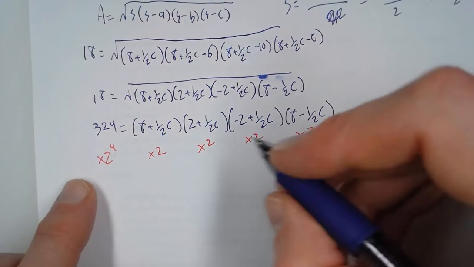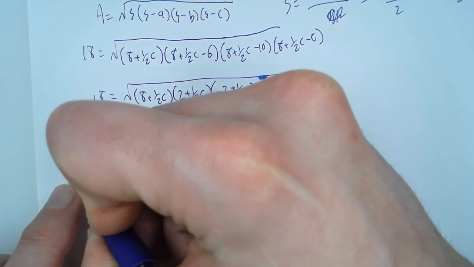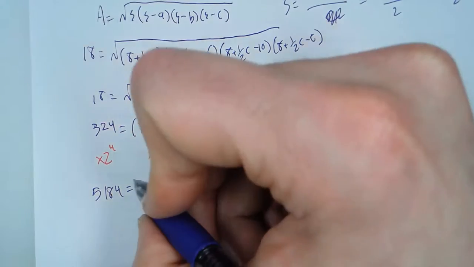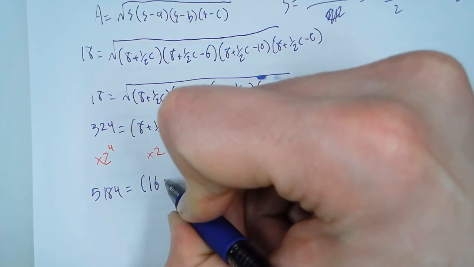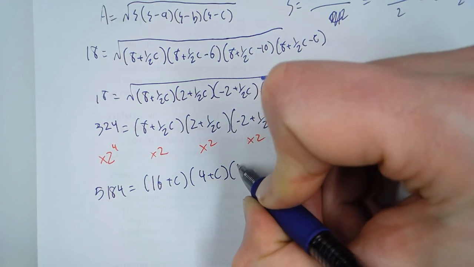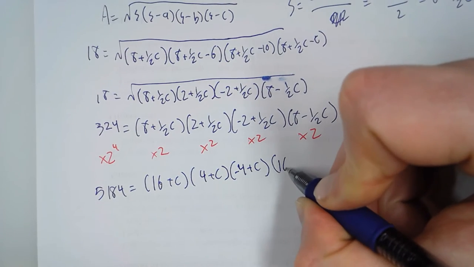So over here, 324 times 2 to the 4th is 5,184. When I multiply these by 2, this becomes 16 plus c, 4 plus c, negative 4 plus c, and 16 minus c.